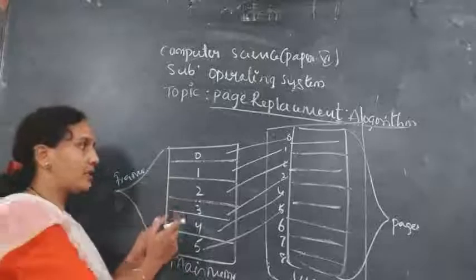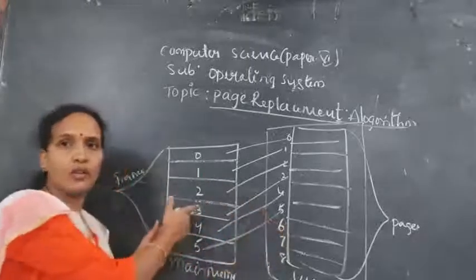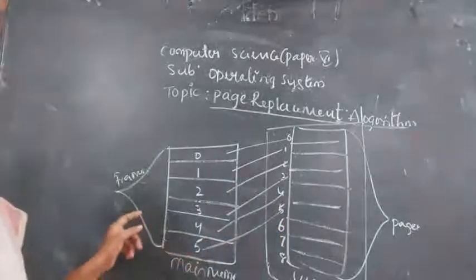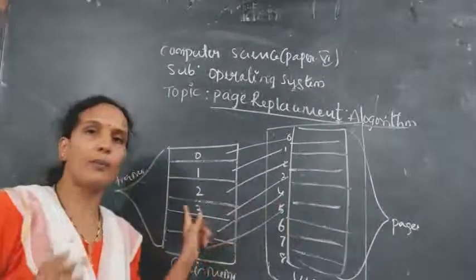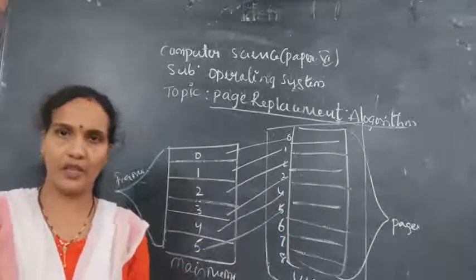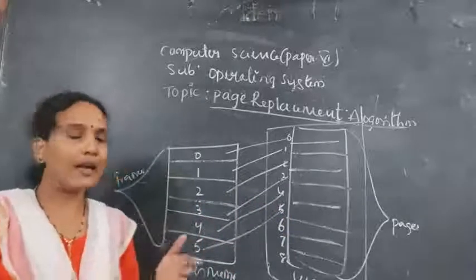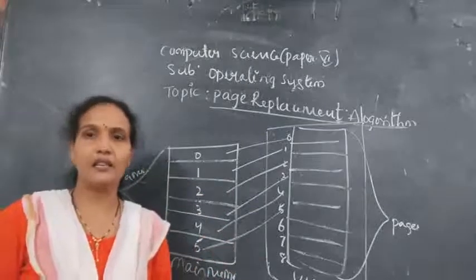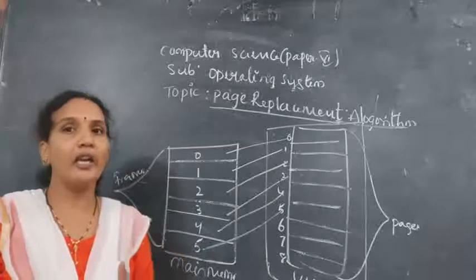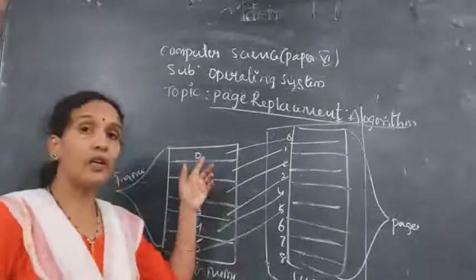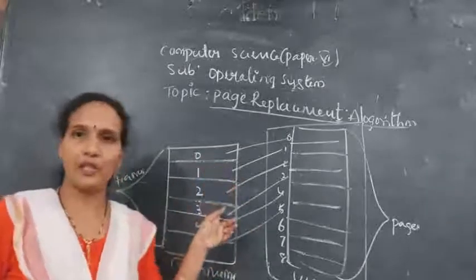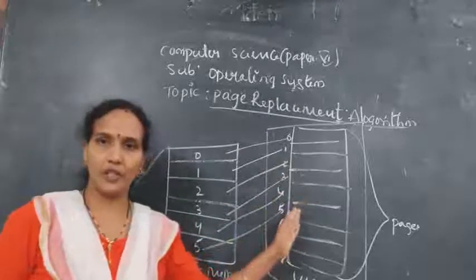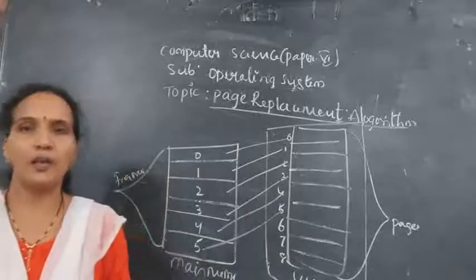Page fault means the page wants to load into the main memory, but there is no sufficient frame, and whatever free frames are there are not sufficient to load that page. In that case, we replace the previous pages and give the space to the new page. So that technique is called page replacement.